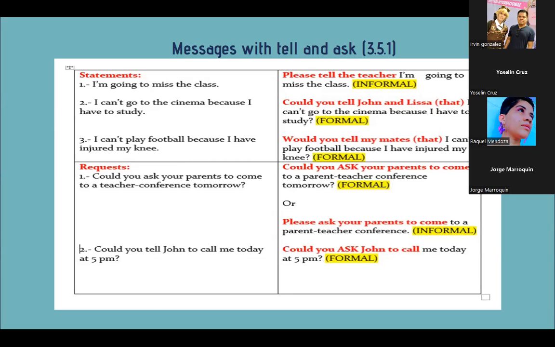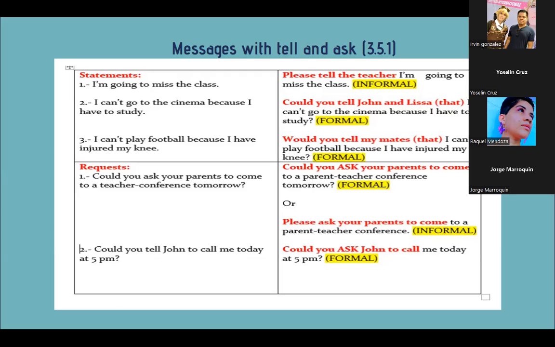Or, please ask your parents to come to a parent teacher conference. Very good. Conference, right? This request is basically the full message, right? But you can have requests like, ask your parents to come to the teacher conference tomorrow.